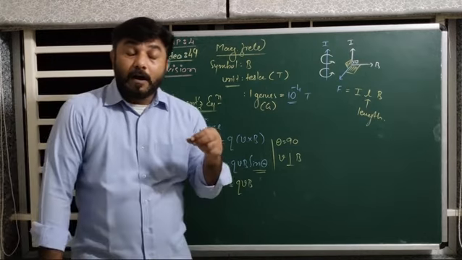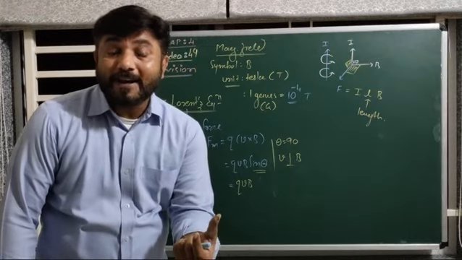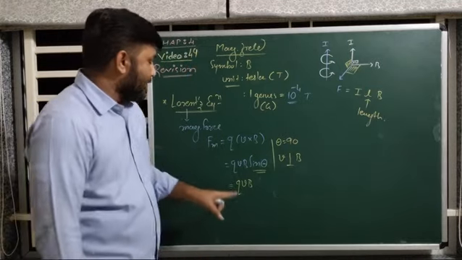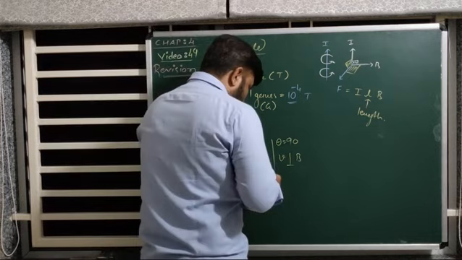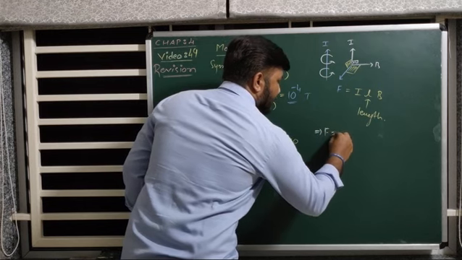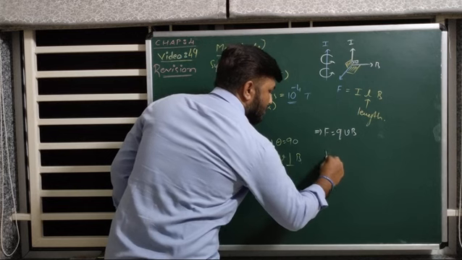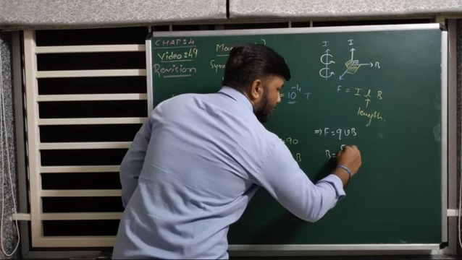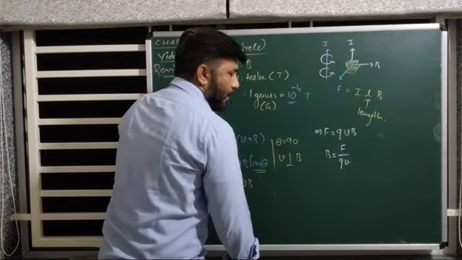Sir, how is the unit of magnetic field Tesla? So from here we will have the equation F is equal to QVB. Make B the subject: B is equal to F upon QV.